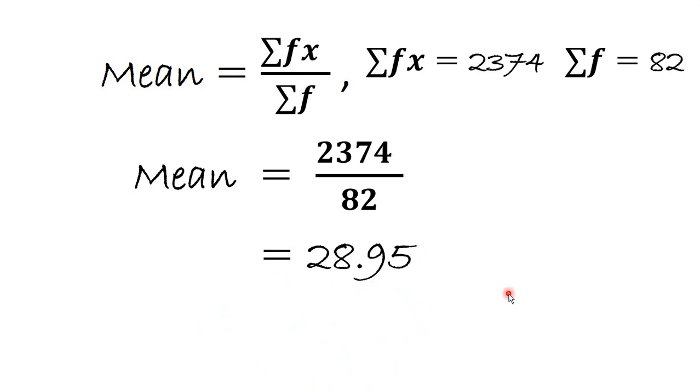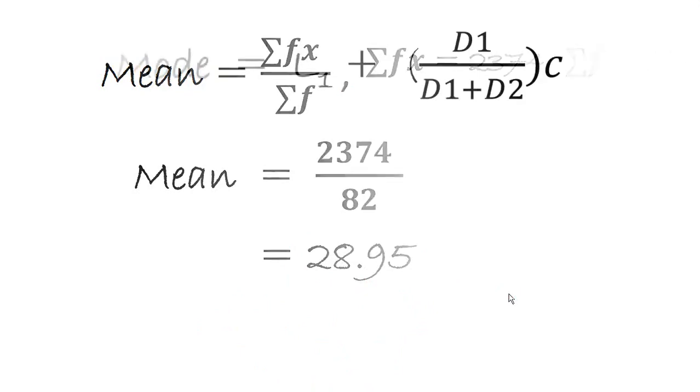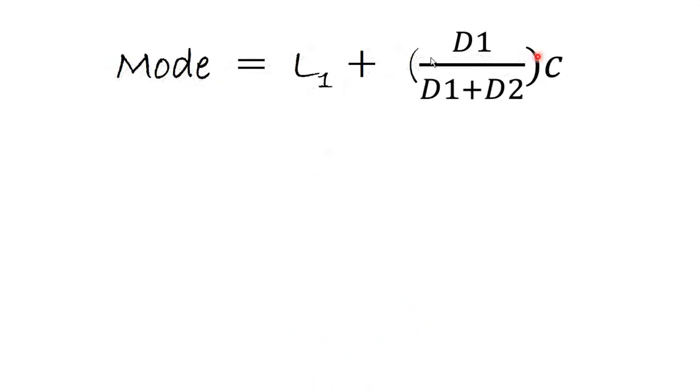The next is getting the mode using the formula. Mode is equal to L1 plus D1 divided by D1 plus D2 times C, where L1 is the lower class boundary of the modal class. So first, to get the modal class, we go back to the table.